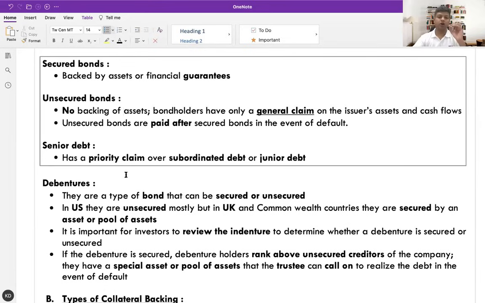In the US, debentures are generally unsecured. But in the UK, they can be secured or unsecured, both. So in the UK and other countries, they can be secured debentures or unsecured debentures. However, whether it is secured or unsecured, you'll come to know from the bond indenture.